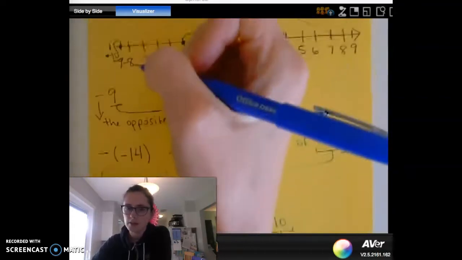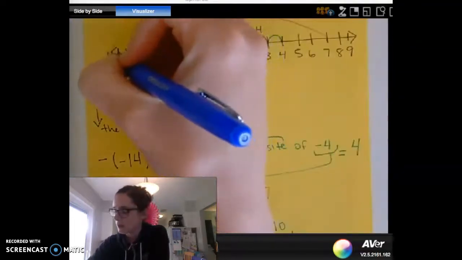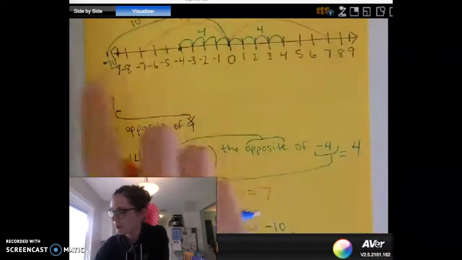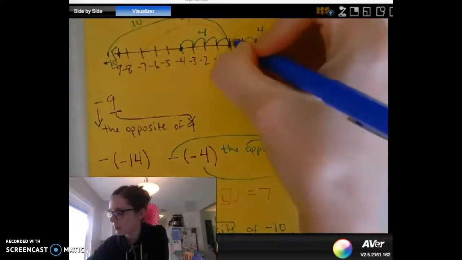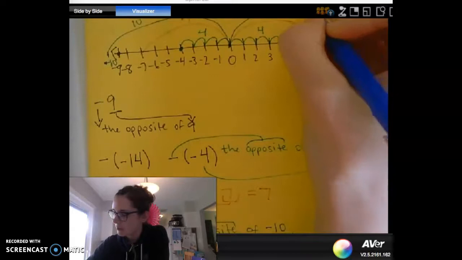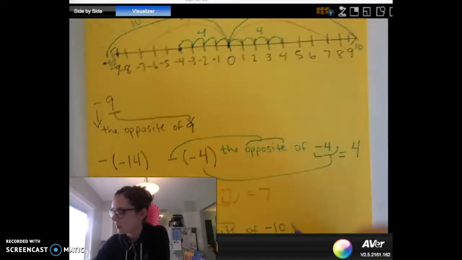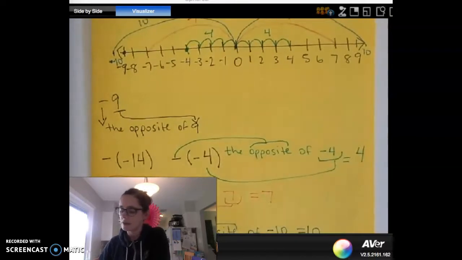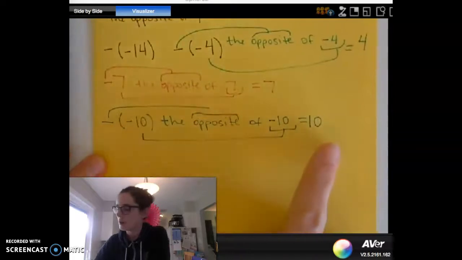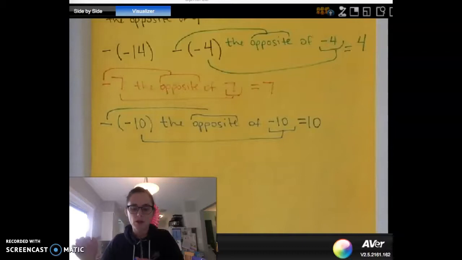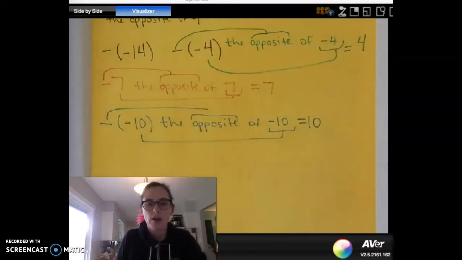So that's 10 away from 0. Now I'm going to go 10 away from 0 on this side, and that's going to take me to positive 10. So positive 10 is the same as the opposite of negative 10. Okay, that can be a lot.